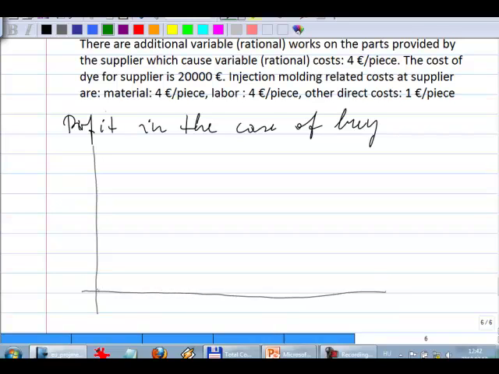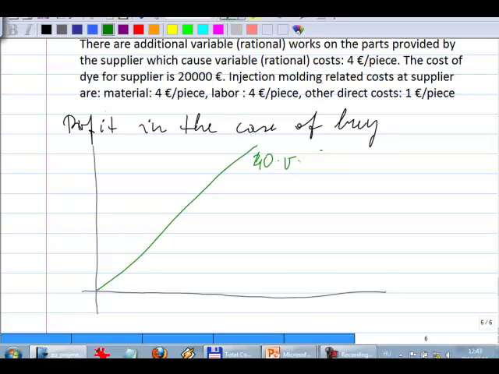Revenue line would be the same, which is 40 times volume, price times volume.